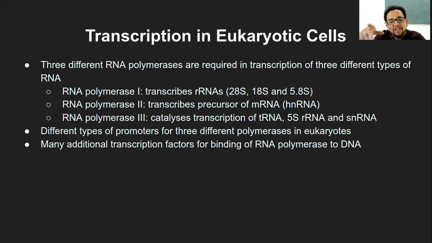And many additional transcription factors are required for binding of RNA polymerase to DNA. Like I said earlier, it's not just RNA polymerase and one or two additional proteins which will start the transcription. There are so many other transcription factors which will cause the binding of RNA polymerase to DNA, and then allow the transcription process to happen. So that way, this process is relatively complex. Again, any question so far?